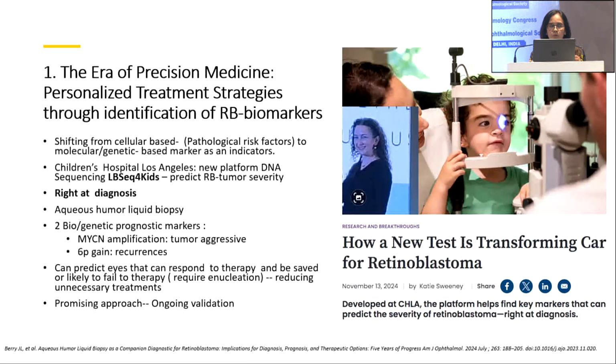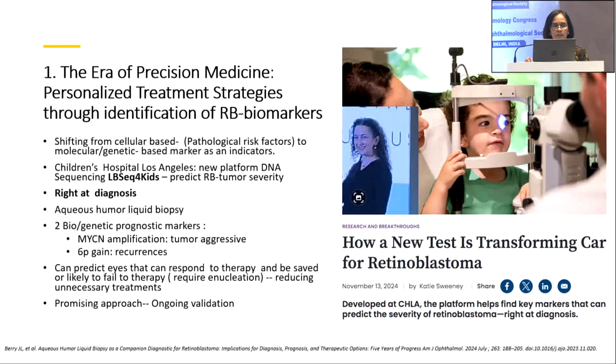diagnosis and prognostic markers. A recent study reported by Jesse from the Children's Hospital Los Angeles describes development of a new DNA sequencing platform, RB sequence for kids, to predict RB tumor severity. How does it work?